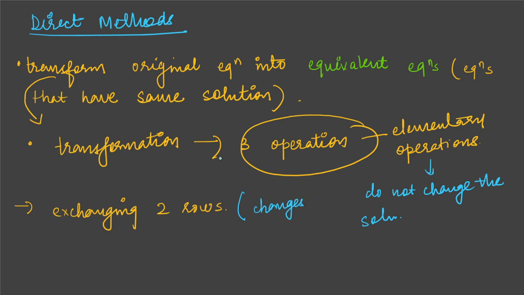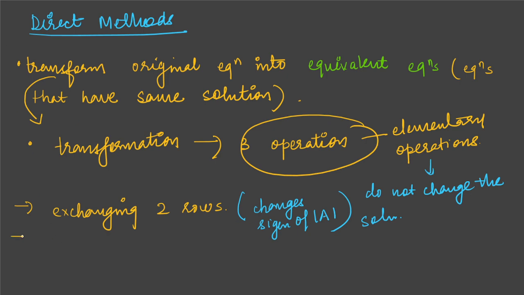It changes the sign of determinant of A. Am I right? It only changes the sign. So it's easy: if determinant A is non-zero, then it is going to stay non-zero, so we will have a unique solution. Even if we exchange two rows, only the sign is going to change.